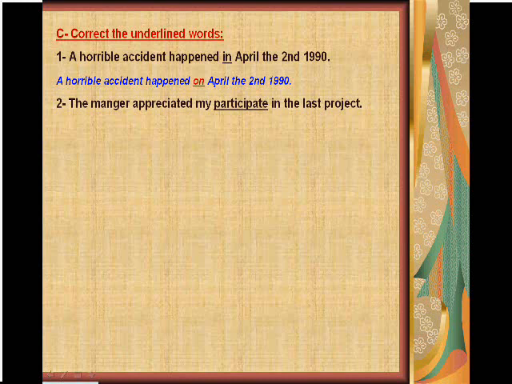Instead of a verb, I should use what? So, yes, very good.